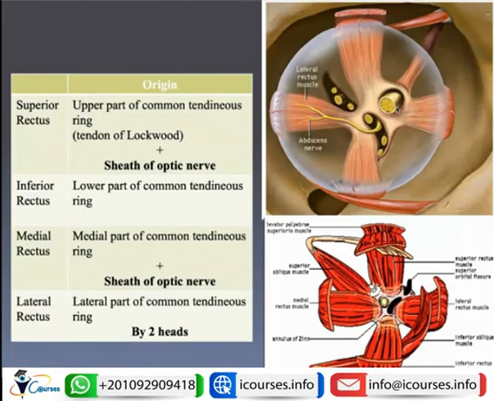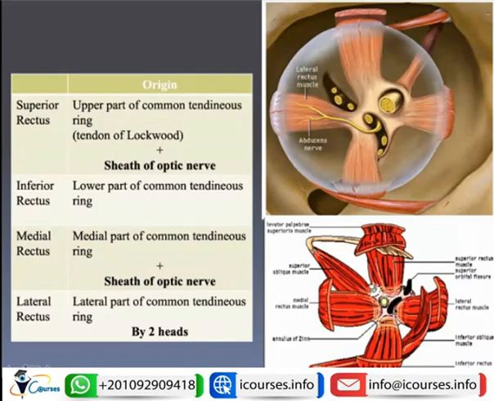And does this have any clinical significance or importance? The answer is yes. This is the reason why patients with optic neuritis complain of pain with eye movement. This is because the optic nerve is inflamed and the superior and the medial rectus take origin from this optic nerve sheath. Hence, they will suffer from pain with eye movements, which occurs in up to 90% of cases of optic neuritis.